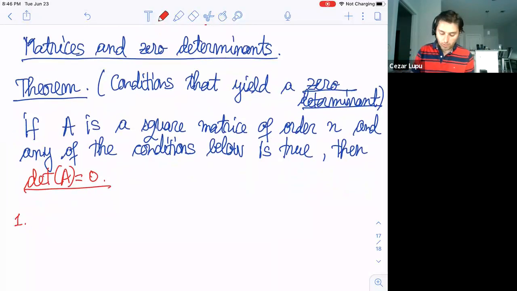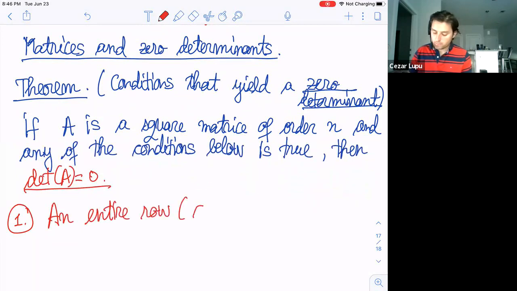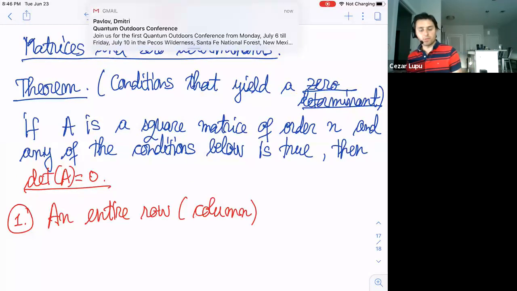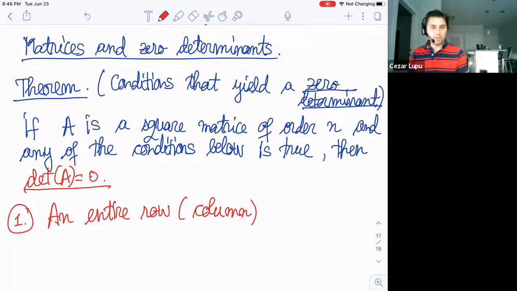And the first condition is the following. Let's say an entire row or column. So like I said, when I'm talking about rows for determinants, I'll also be talking about columns as well. An entire row or column consists of zeros.